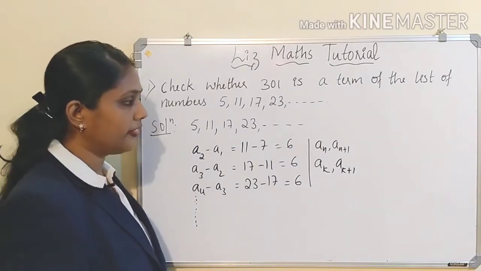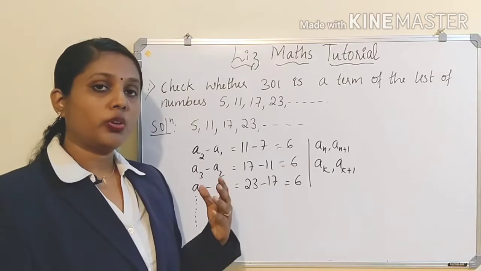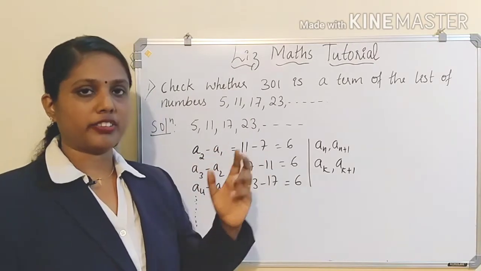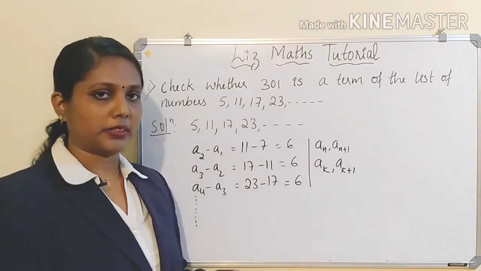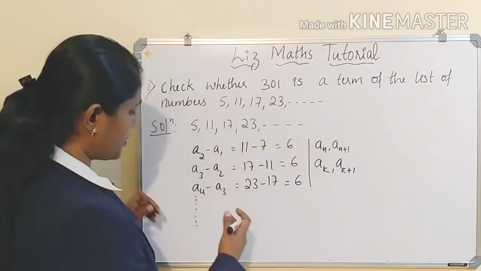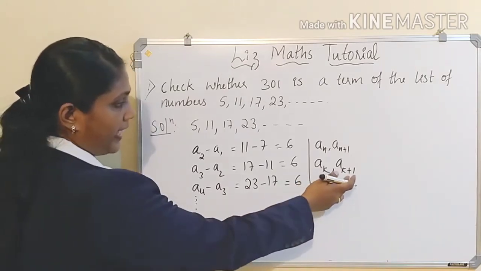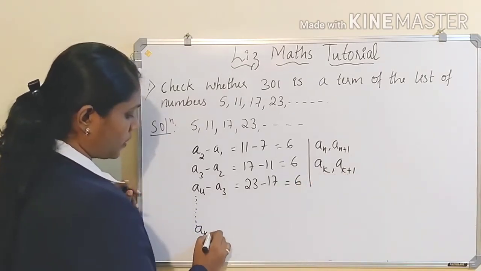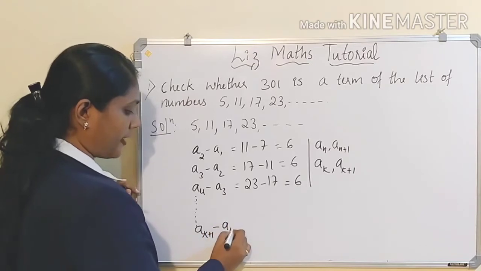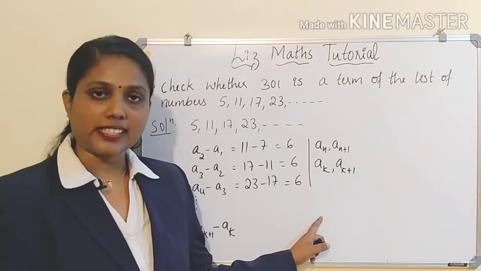When we are finding the numbers, we don't know what the end of that list is. They are infinite numbers, isn't it? So this is an infinite arithmetic progression. We represent it as a(k+1) minus a(k). If you do that also, you will get the difference as 6 only.